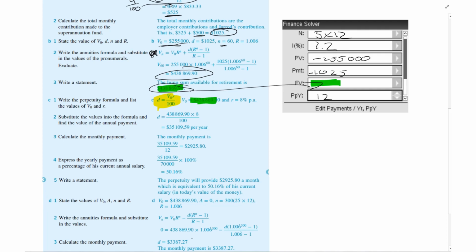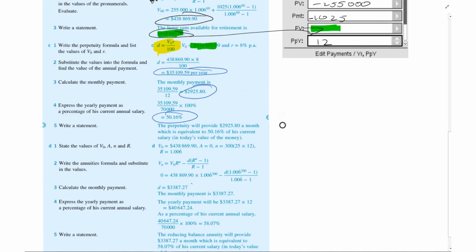You work that through, and you're going to have 35 grand per year. Divide that by 12, and you have a monthly payment of just shy of $3,000. That's basically 50% of what this person previously earned.